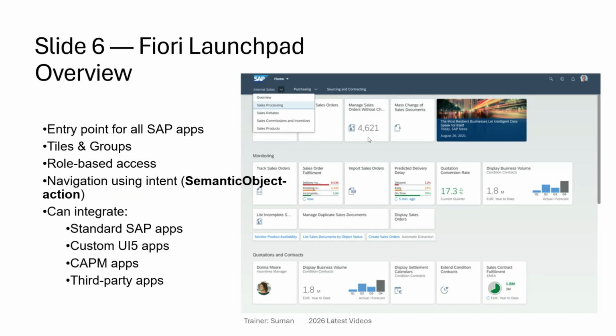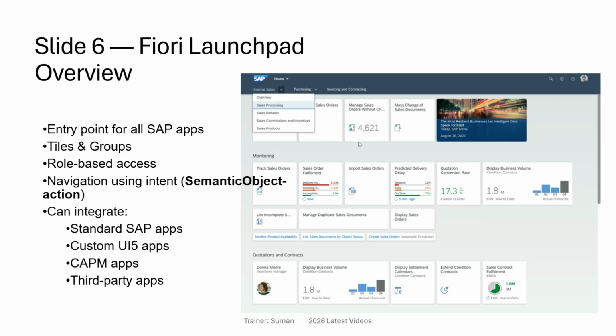Now, the high-level picture of a Fiori Launchpad or Build Work Zone: this is the entry point into the UI5 applications. On the Fiori Launchpad or Build Work Zone, the apps are configured in something called tiles. So it is the entry point for all SAP apps, with tiles and groups and role-based access.